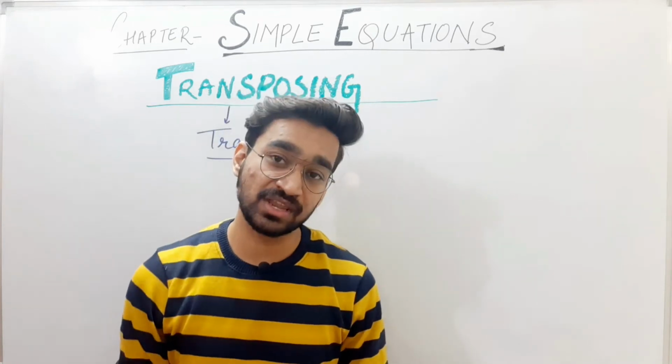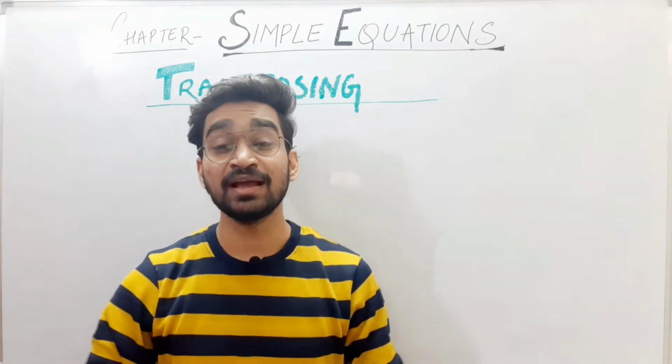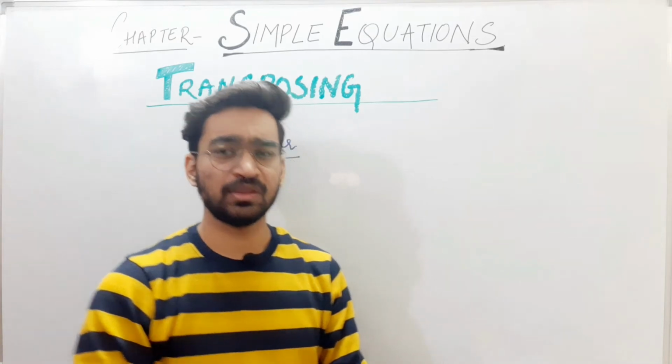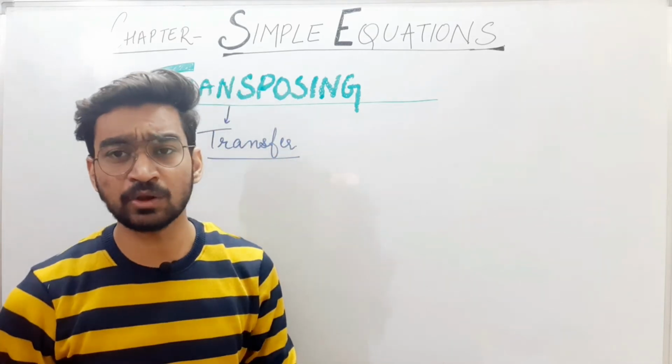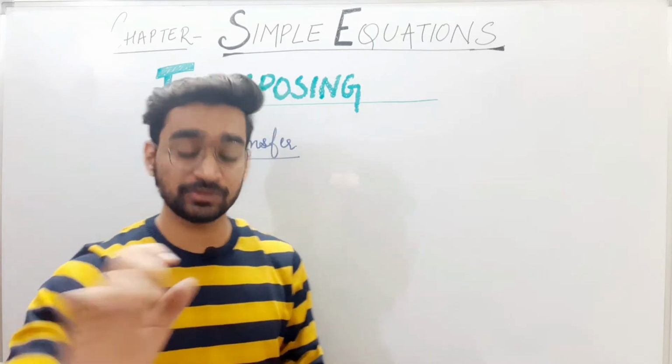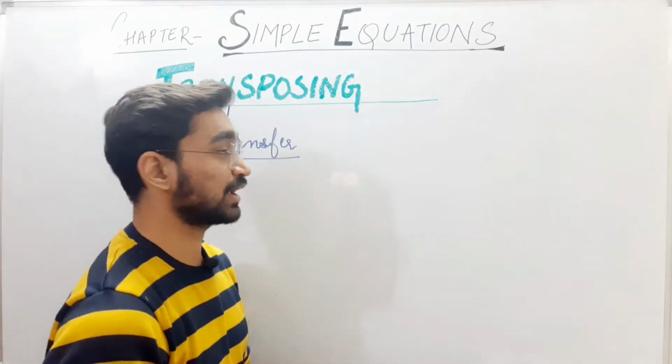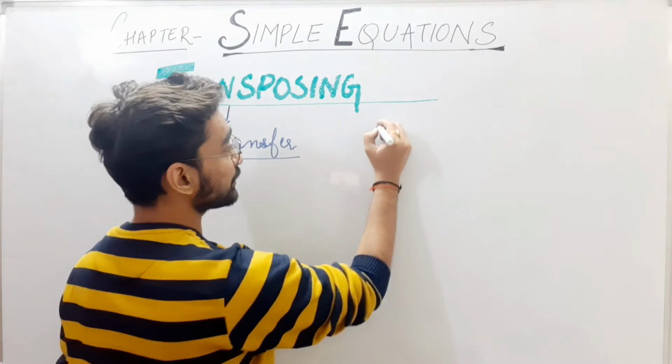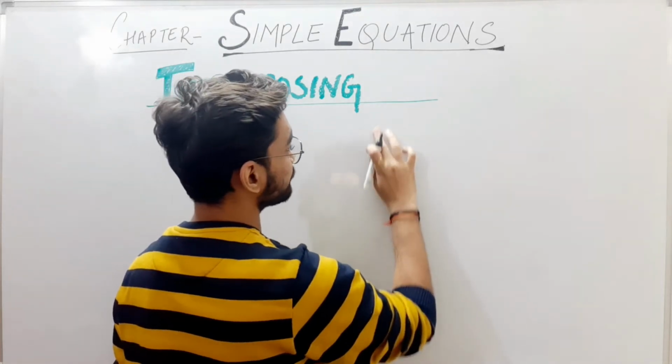And how can we change it? We have to take the reverse of it. What do we mean by the reverse or opposite of a symbol? I will make a chart here so you can understand by yourself.